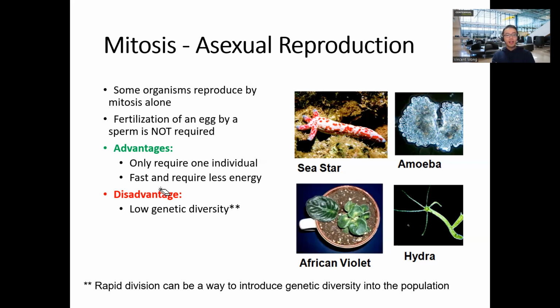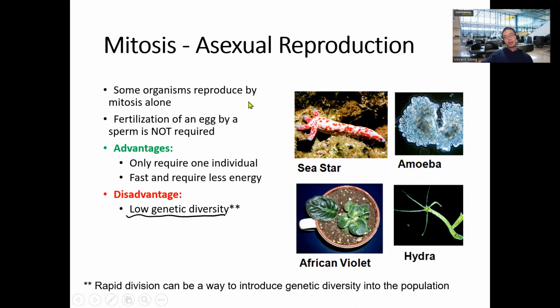The disadvantage is low genetic diversity. Every individual that came from the original one would be genetically identical, so if there is some kind of unfavorable environment that targets this particular genetic makeup, then all the individuals would suffer. There's no genetic variation within the population to withstand such environmental pressure. But we talked about the idea of evolution in lecture 1.